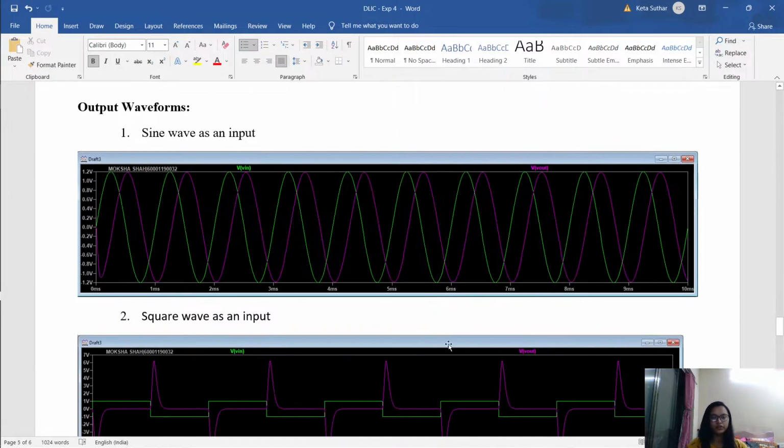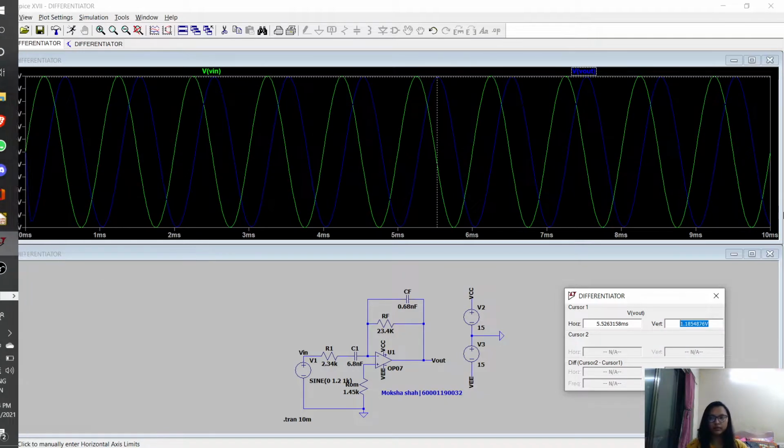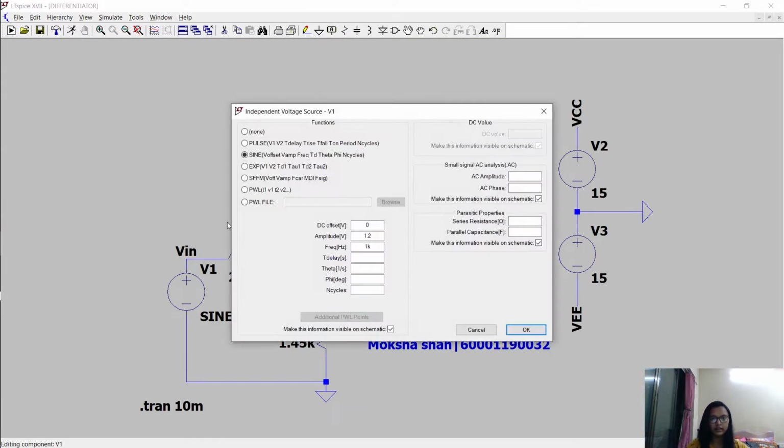Now I'll be showing for the input square wave. I'll open LTspice again, go full screen, right click again, click on pulse, and now this will be -1, this will be +1, the time delay will be 0, T rise is 0.001 micro, T fall will be the same 0.001 micro, T on is 0.5 milli, and the time period is double of it, that is 1 milli.